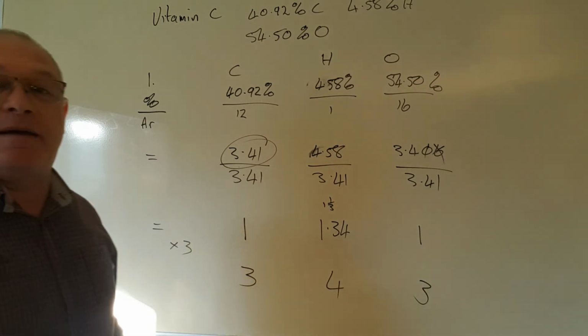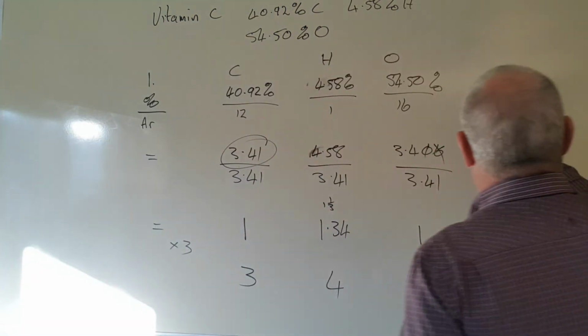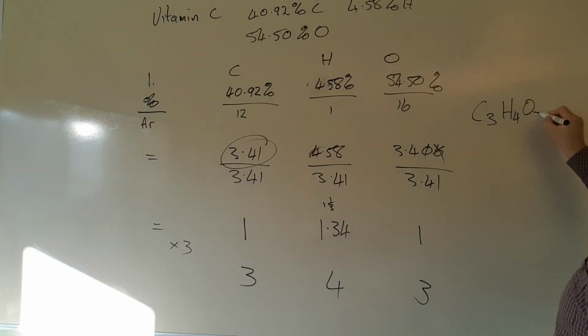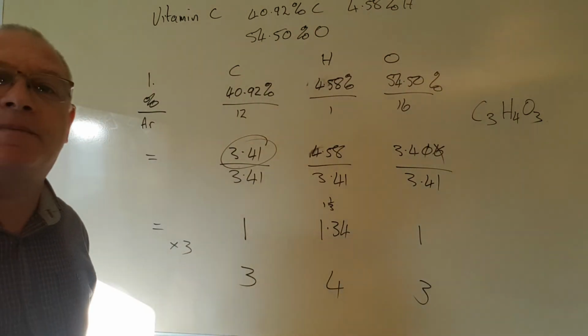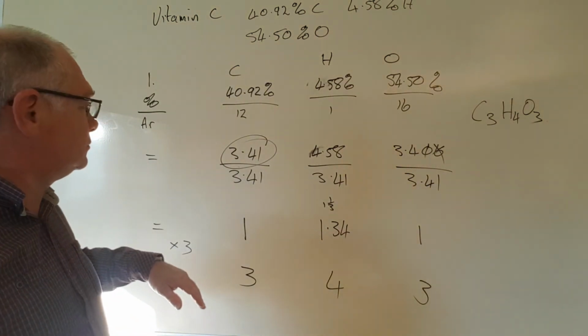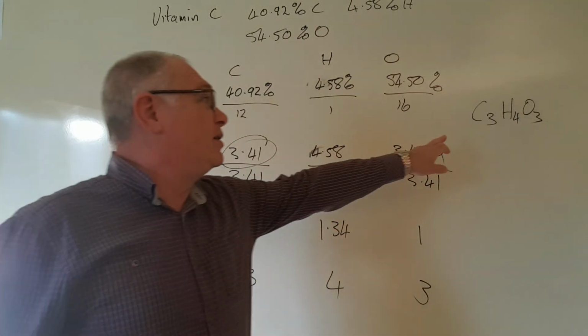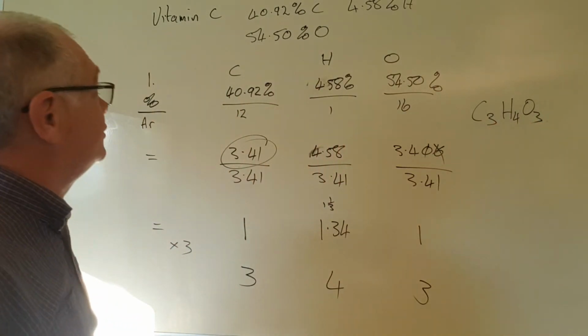This means that my empirical formula is going to be 3 carbons to 4 hydrogens to 3 oxygens. So the empirical formula for vitamin C is 3 carbons to 4 hydrogens to 3 oxygens.